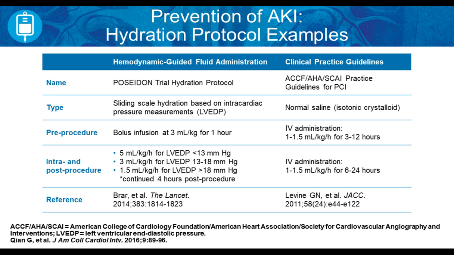On the other hand, if you're dealing with a patient with high LVEDP, less hydration is probably best. As we know, we want to keep these patients on the Starling curve. We don't want to overload the ventricle, nor do we want to underfill the ventricle.